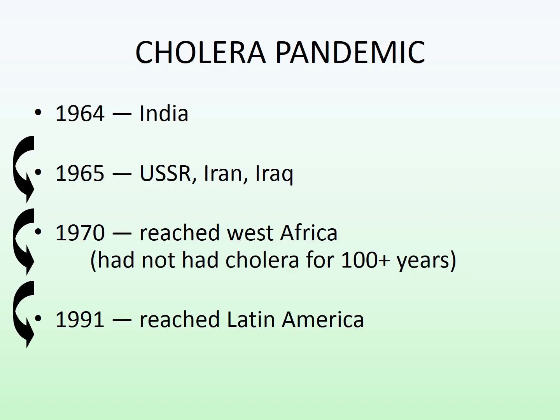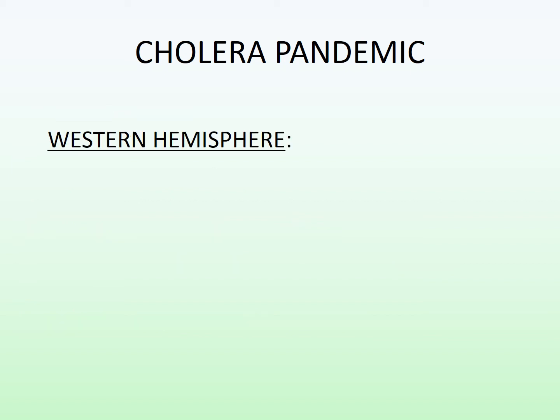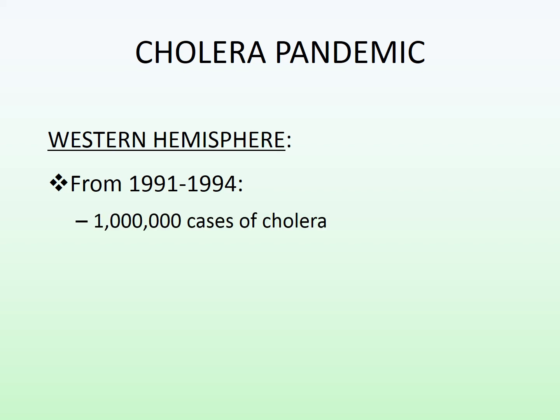In 1991, it had actually reached Latin America. So if we look at the Western Hemisphere now as part of this pandemic, between 1991 and 1994, over 1 million cases of cholera were documented in the Western Hemisphere.